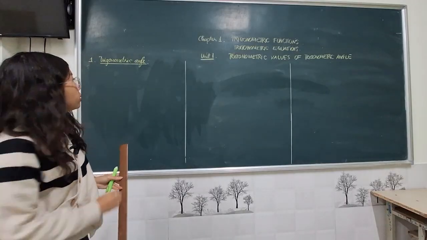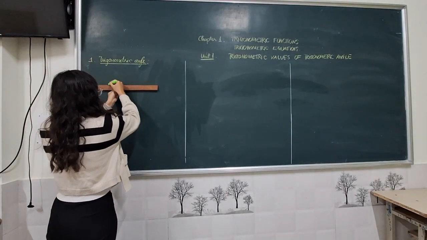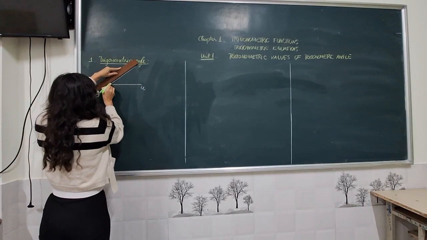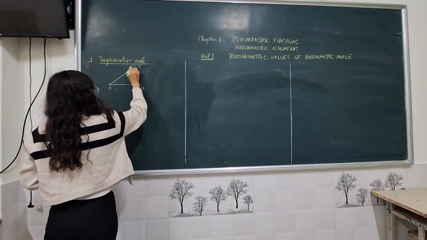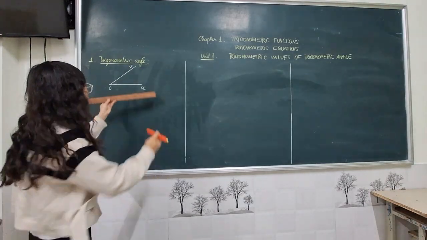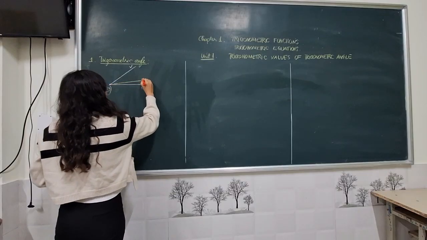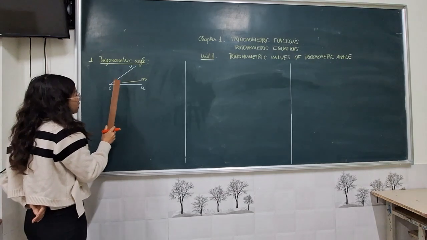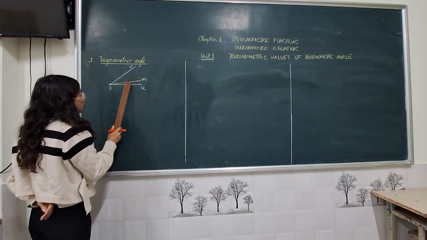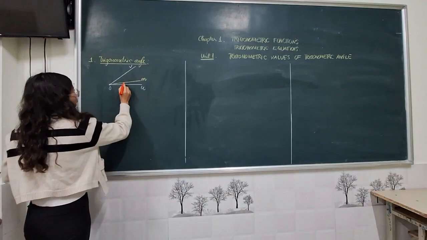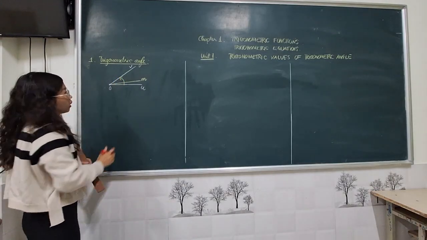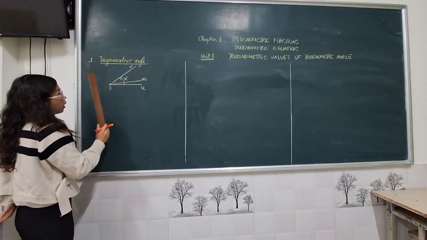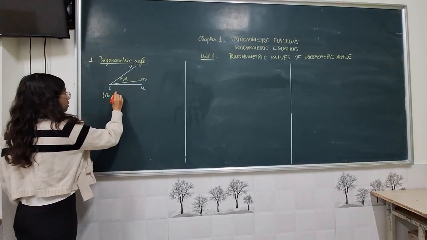In a plane, consider two rays, OU and OV, with the same initial point O. If the ray OM lies on the plane and rotates in a specific direction from the initial side OU to the terminal side OV, and the rotation determines the angle alpha, we call it a trigonometric angle, with notation like this.